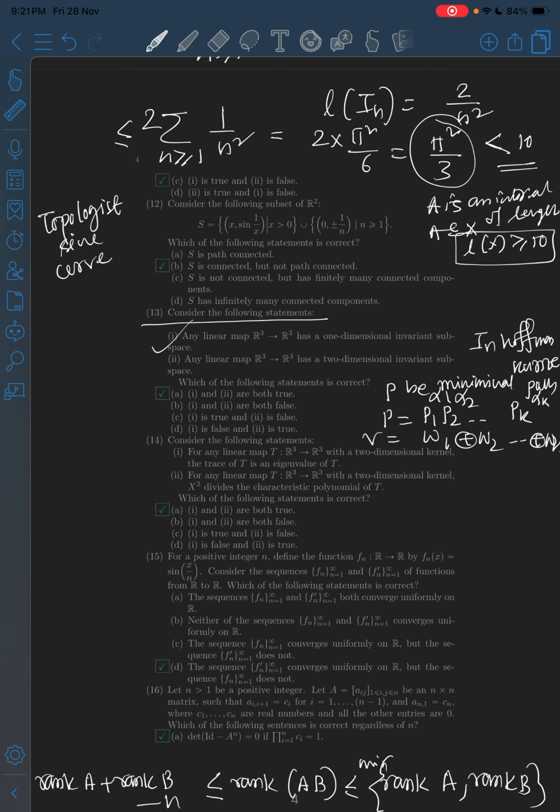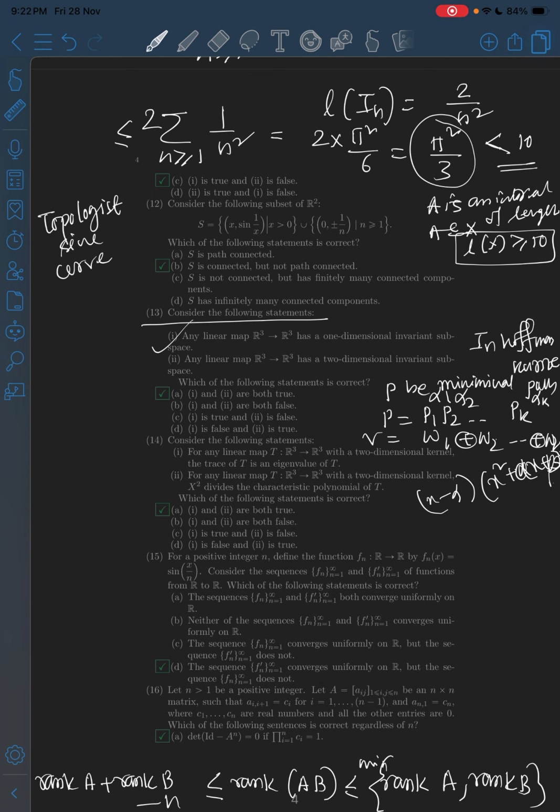So we are interested in the case where one eigenvalue is real and the other two eigenvalues are complex, right? In that case, the minimal polynomial must be some x minus alpha times some degree 2 polynomial, x square plus ax plus b or something like that, right? And this is the decomposition, these are the factors.